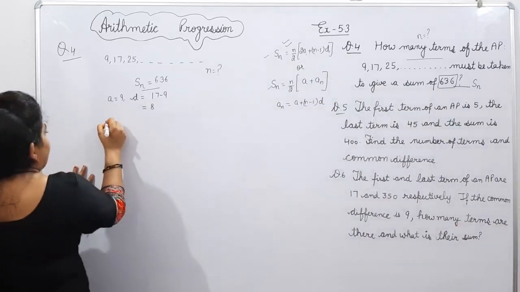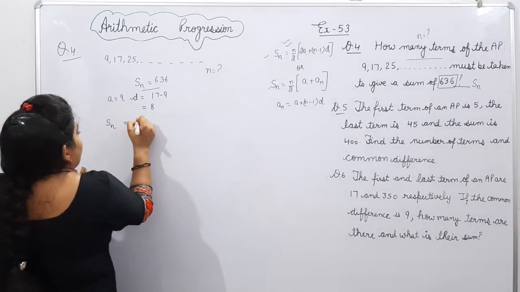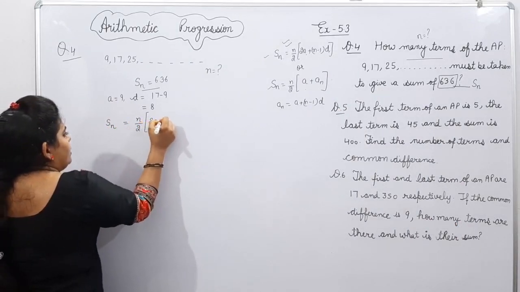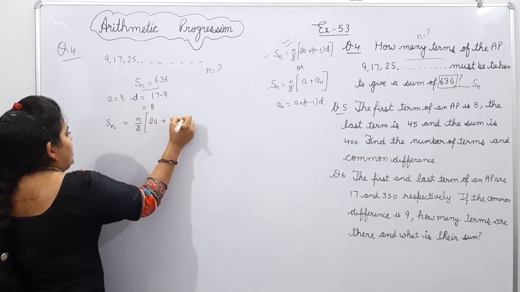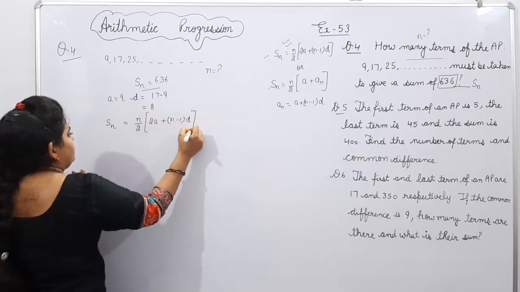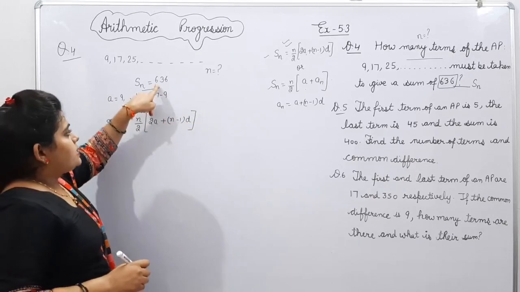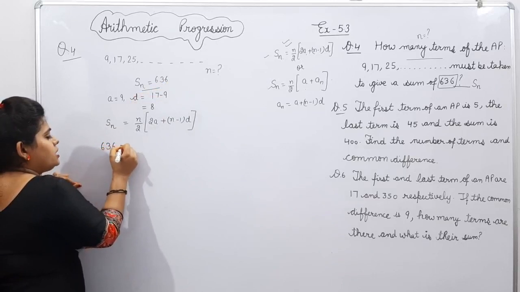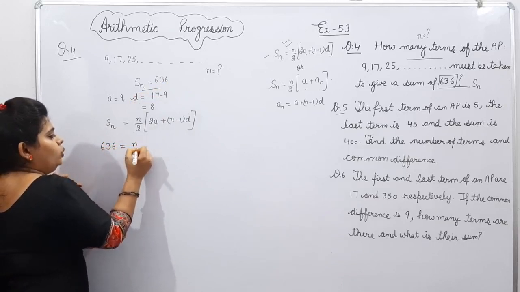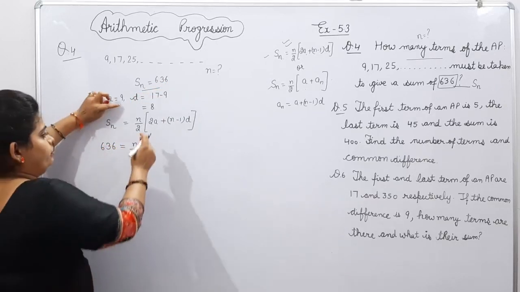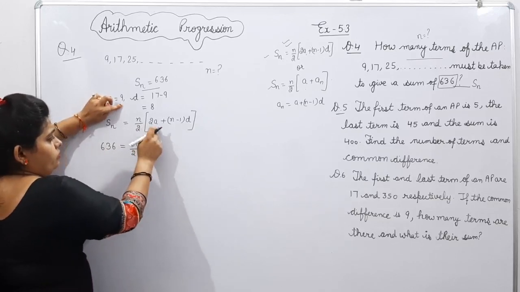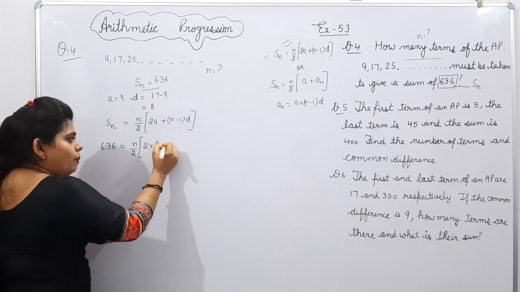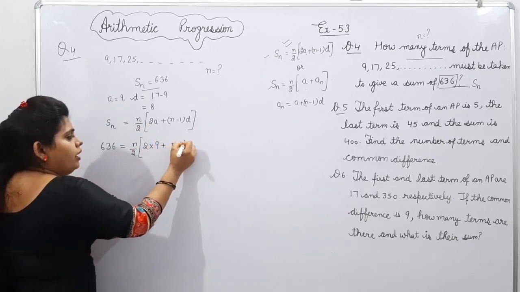Now from here, Sn is equal to n by 2 into 2a plus n minus 1 into d. What is Sn? 636. 636 is equal to n by 2 into 2 into a. And what is the value of a, dear students? 9 plus n minus 1.